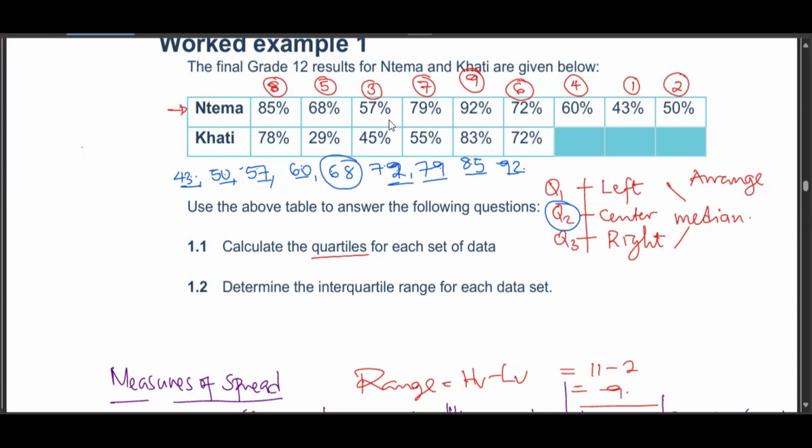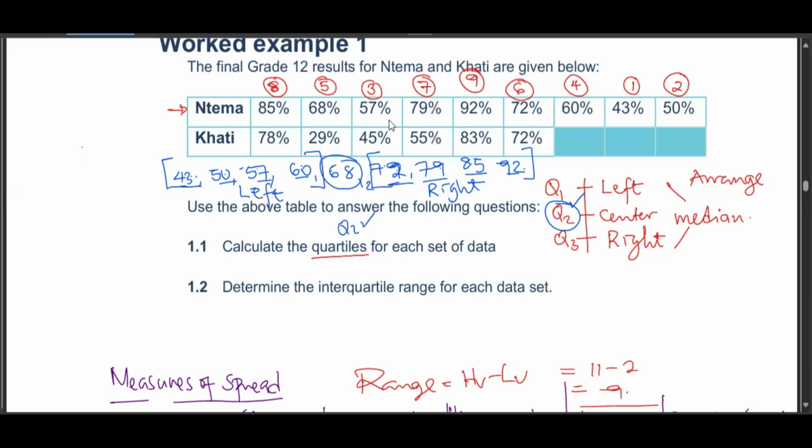This is our Q2. Since Q2 is separate, we've not added two values. From here to there we have the right-hand side, and from there to here we have the left-hand side. So Q2 is done.